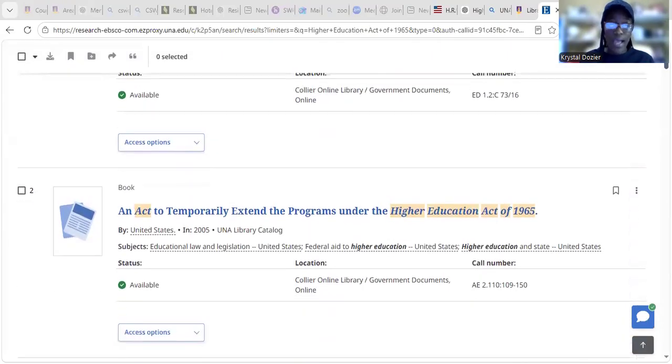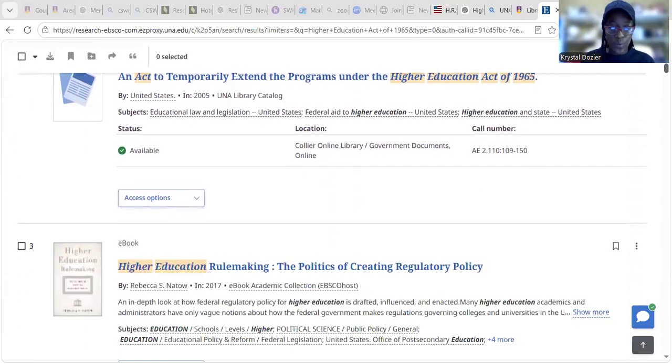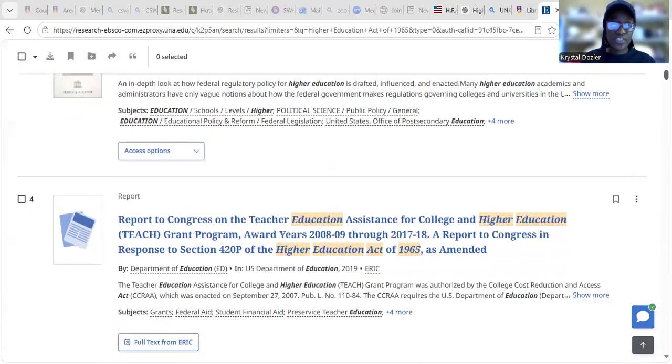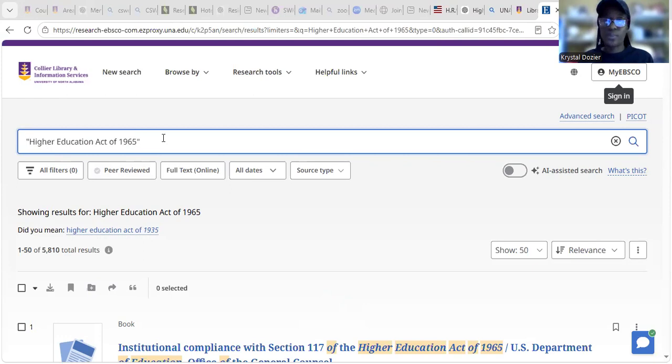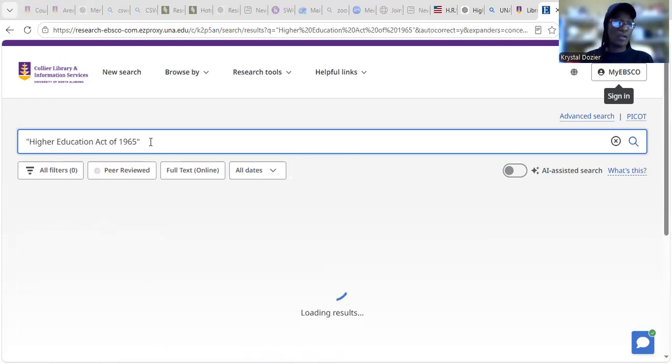And so now I'm able to find different articles on the Higher Education Act. And I actually should put that in quotations. When you put it in quotations, and Miss Maddox will go over this, it'll look for all of the words together and not just individually.